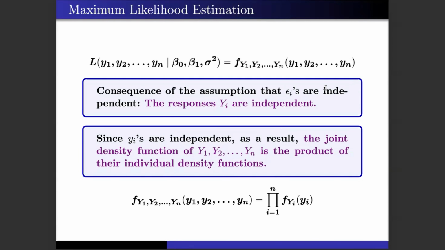So now we can write the joint density function f(y1, y2, ..., yn) as the product of the individual density functions, the product of the density function of each random variable, which is equal to the density function of y1 times the density function of y2 times the density function of y3, and so on, up to the density function of yn.